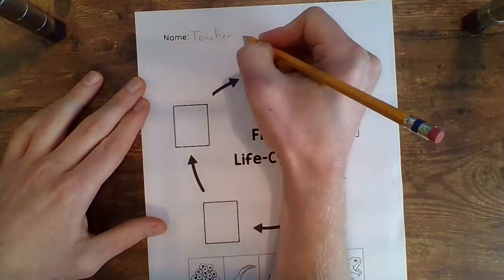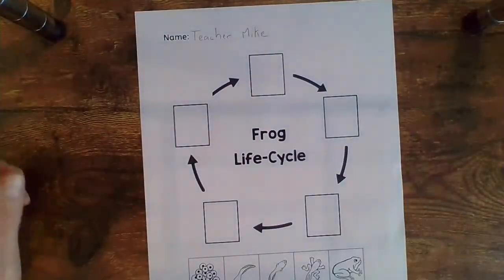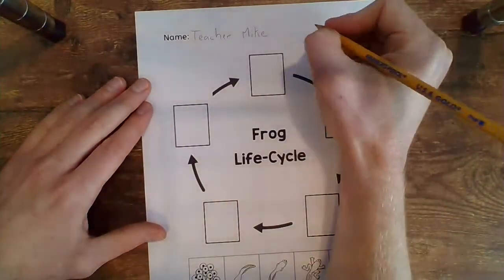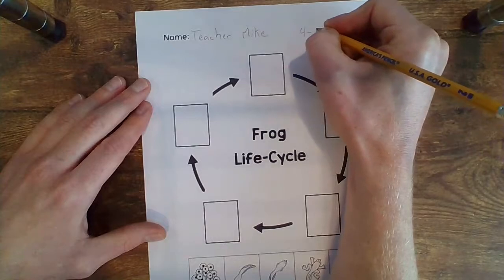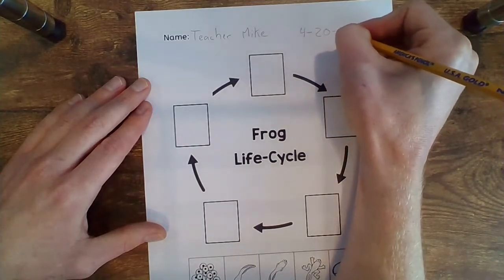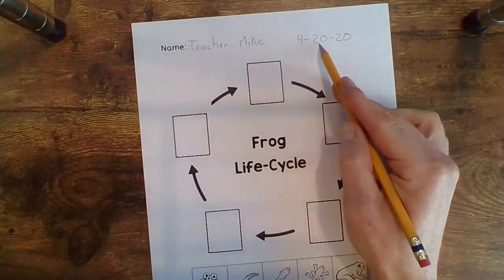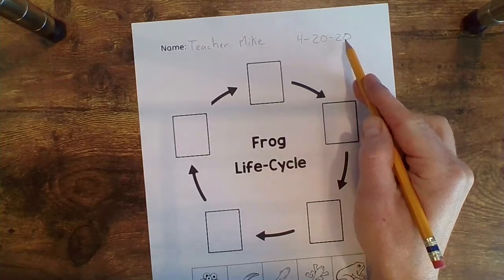Teacher Mike. All right. Oh, and I can write today's date as well. So today is 4-20-20. So the 4 is for April. The 20 is for today's date is the 20th, and this 20 is for the year 2020.